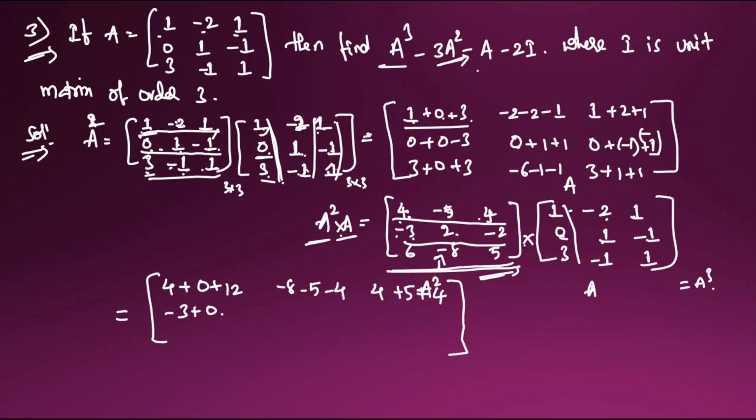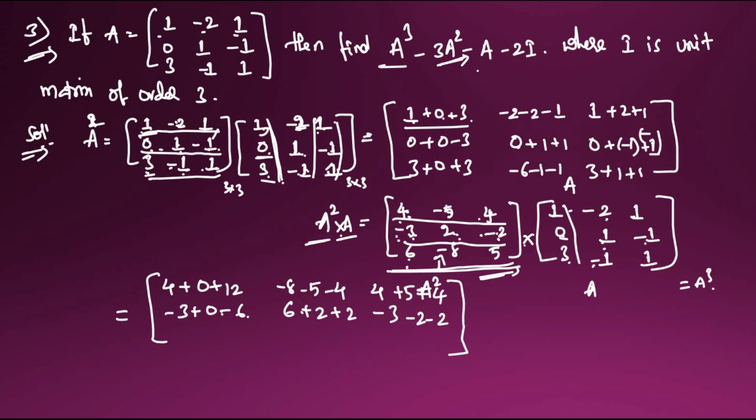And -2 into 3, 6, -6 here. -3 into -2, plus 6, 2 into 1, 2, and -2 into -1, plus 2. And here 6, like -3 into 1, -3, 2 into -1, -2, -2 into 1, -2.